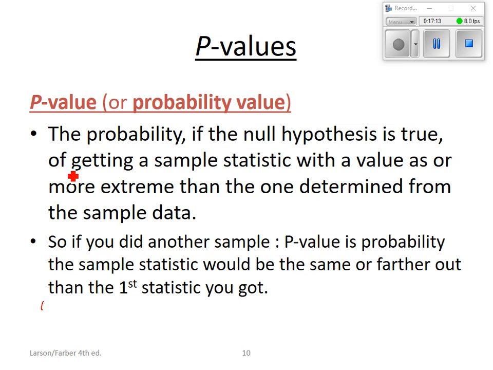What it's saying, we take our sample and you find the mean of that sample. So we take some sample and we find the mean of it.